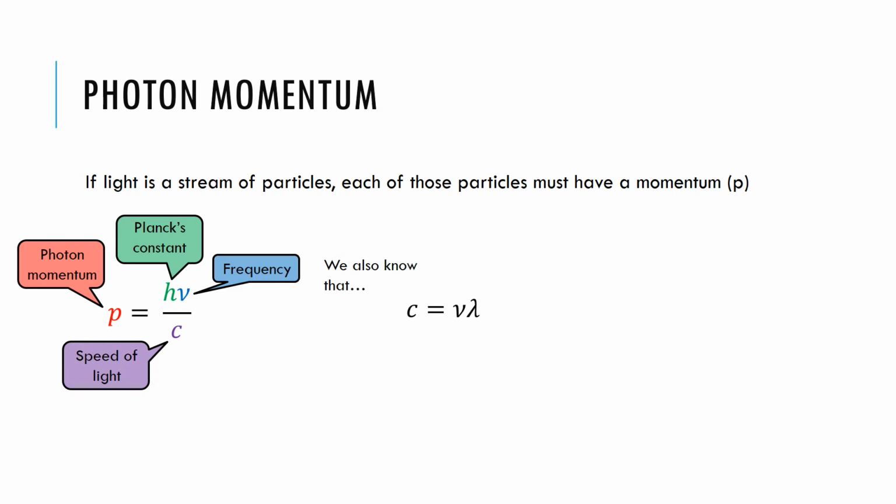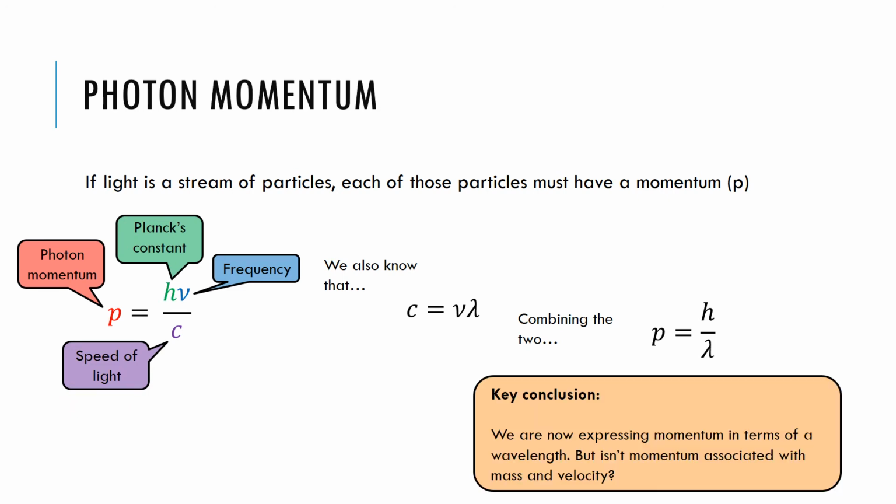We also know that the speed of light is equal to the frequency multiplied by the wavelength, so we must be able to combine those two equations and calculate the momentum of a photon as being Planck's constant divided by its wavelength. Now the key conclusion here is that we are expressing momentum in terms of a wavelength, which is a strange thing because momentum is usually associated with mass and velocity.